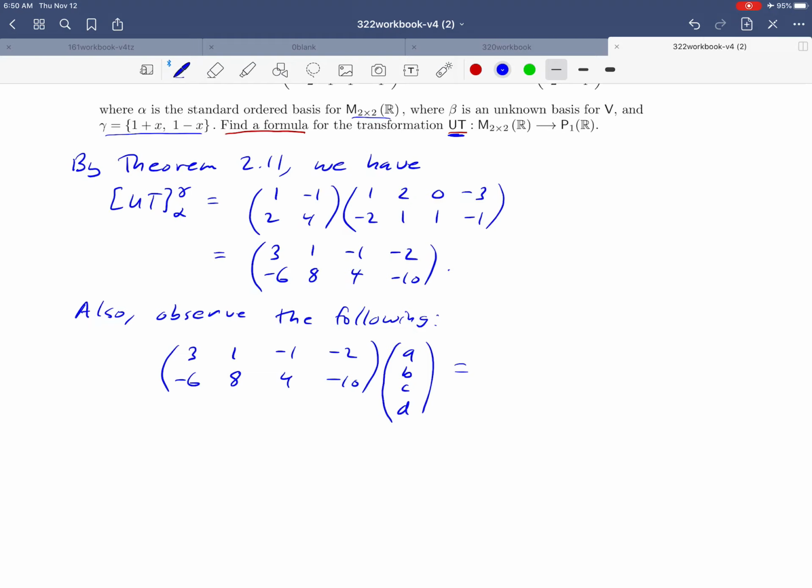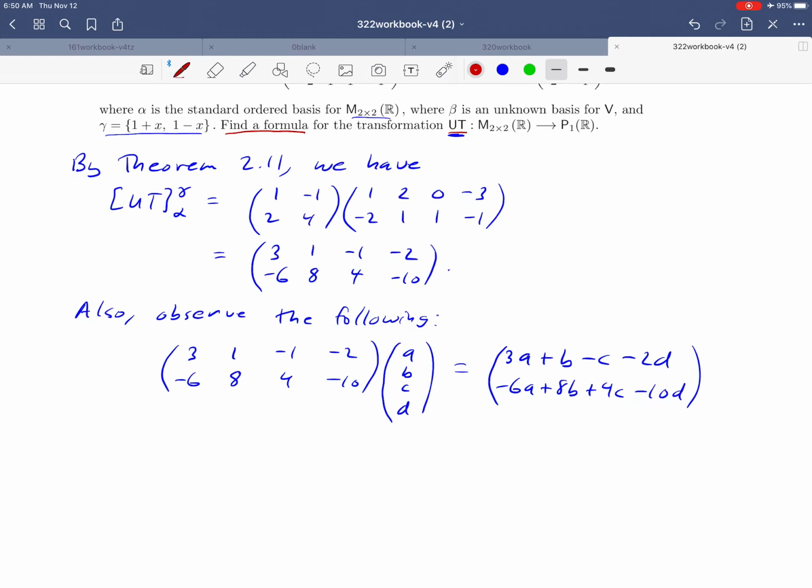So if you do this multiplication, and again, I'm going to ask you just to check me on this, we're just doing ordinary matrix multiplication here to get this: 3a plus b minus c minus 2d, and then -6a plus 8b plus 4c minus 10d.